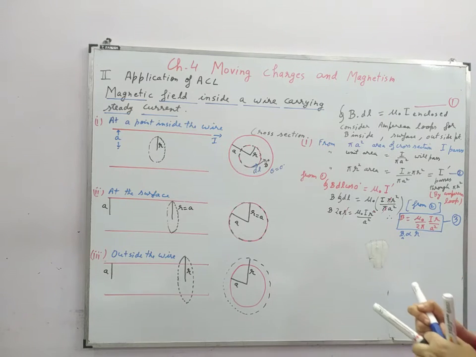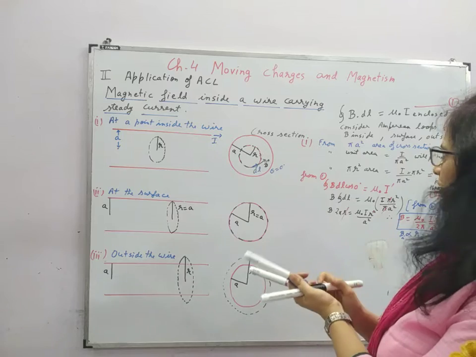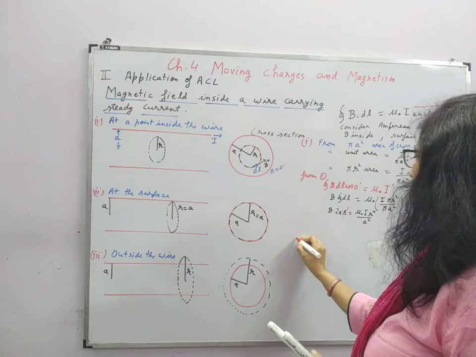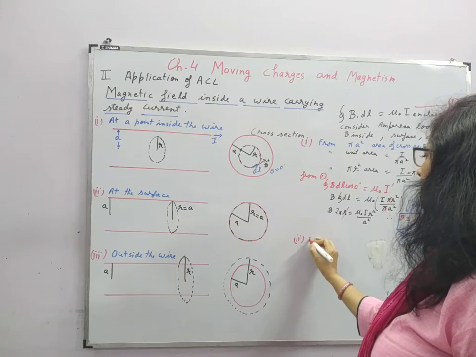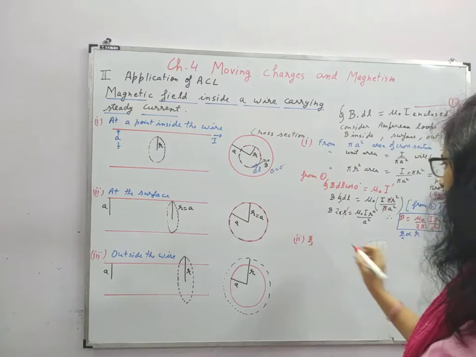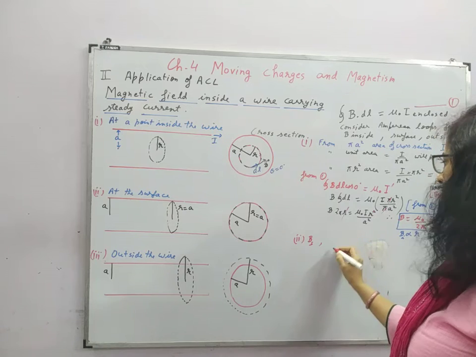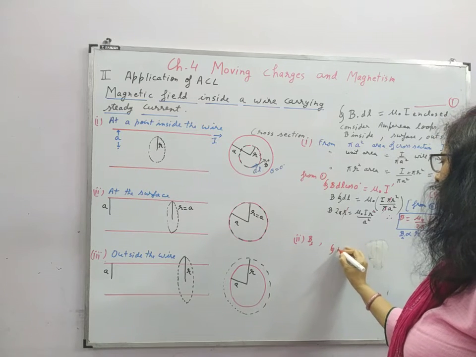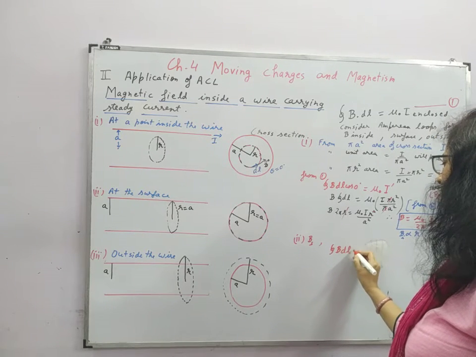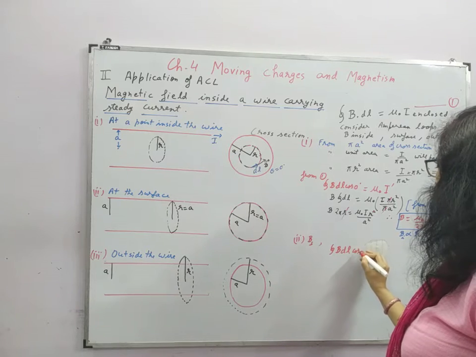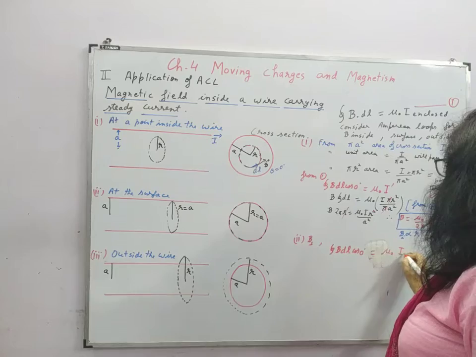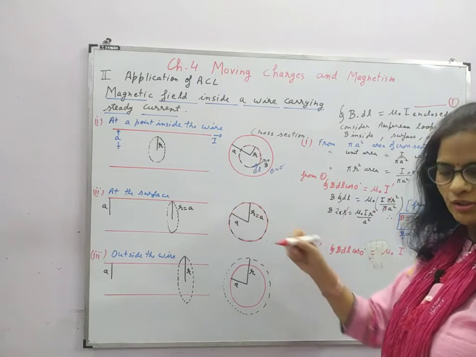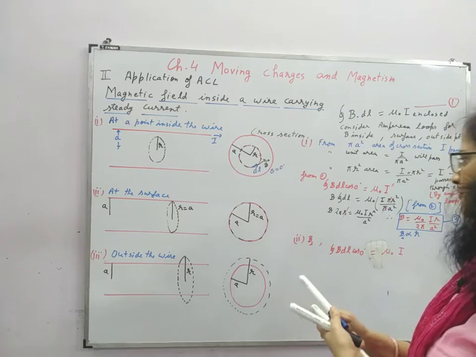the distance, right? Now we are writing for the second part, that is at the surface. Now this is easy. Integral B dl cos of 0 in this case also is equal to mu naught times the total current passing through this wire, because the Amperian loop is at the surface.